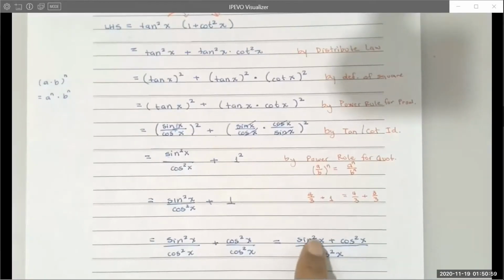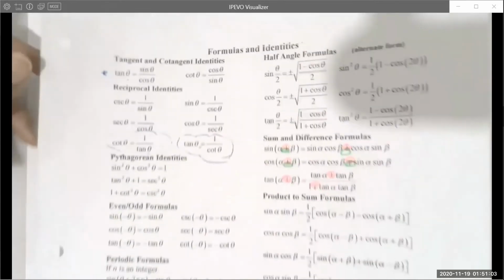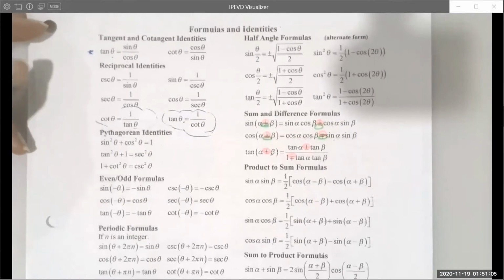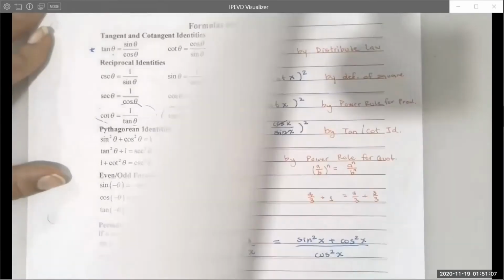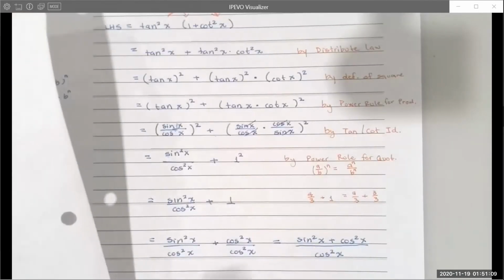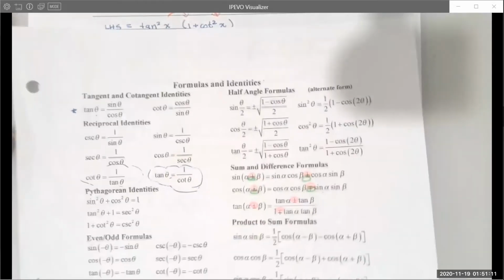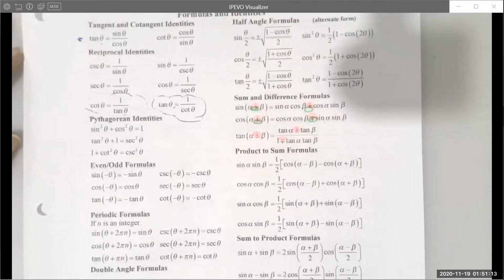Do you guys see any identities that might help us with this problem? Anything that might make the numerator no longer look like sine squared plus cosine squared? Is there anything on there that looks like sine squared plus cosine squared?